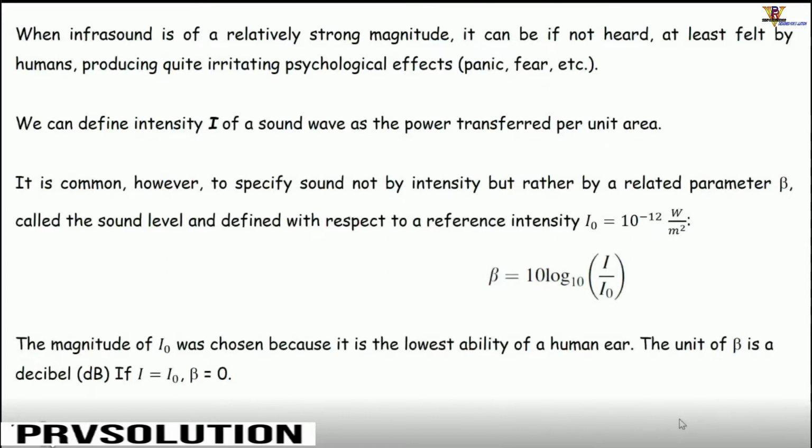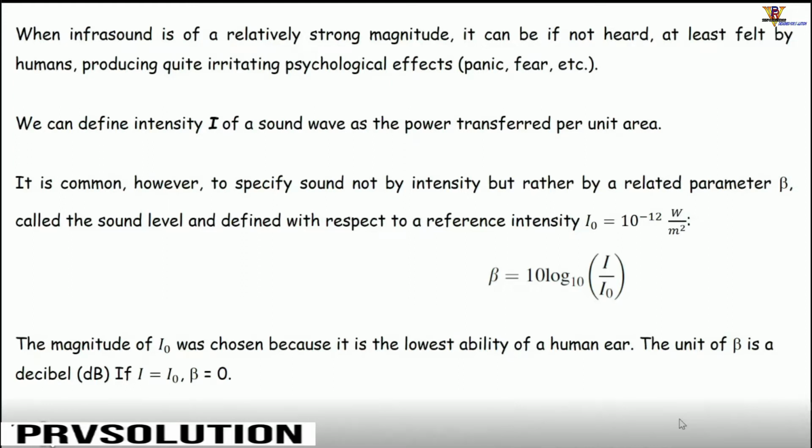So if I equals I naught, meaning the sound produced by a source has an intensity equal to the reference intensity, then beta will be 0. And what is I naught? I naught is the reference intensity, the value that a human ear can just observe. It is the lowest value, which is why it is the reference level.